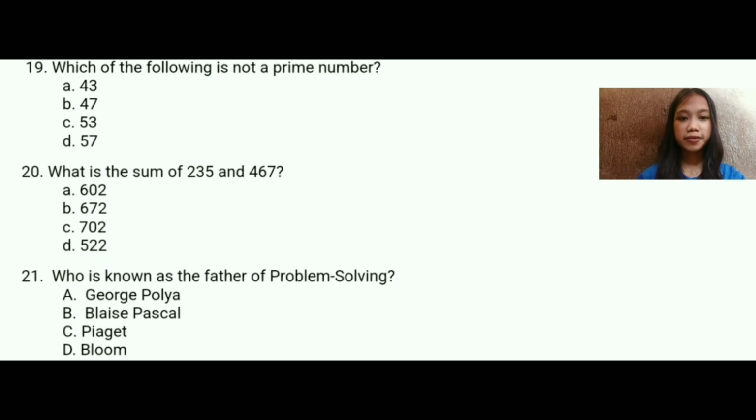And for letter D, Bloom, this is also incorrect because Bloom is known for Bloom's taxonomy, focusing on learning objectives and not problem-solving methods. So again, the answer for number 21 is letter A, George Polya.